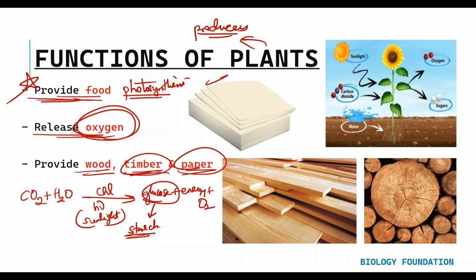We depend on plants for our food, and during photosynthesis, they release oxygen, and we utilize that oxygen and release carbon dioxide and perform our process of respiration. And plants do provide wood, timber, and paper. So it's quite important for us to conserve plants. Since we are completely dependent on plants, it's better to find alternatives instead of cutting plants, right?